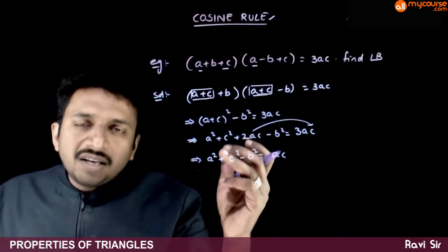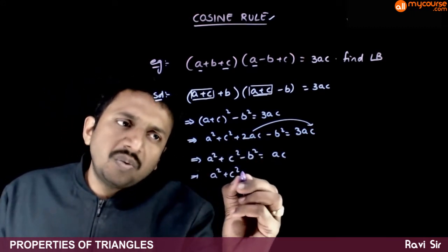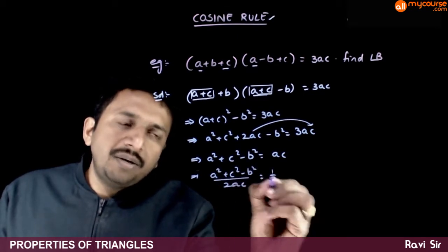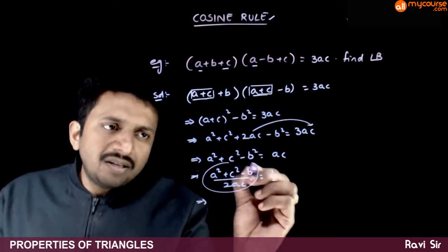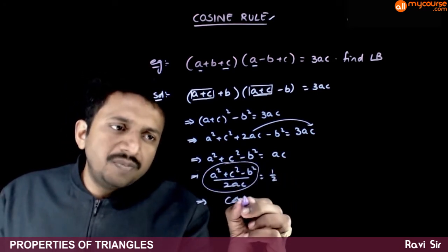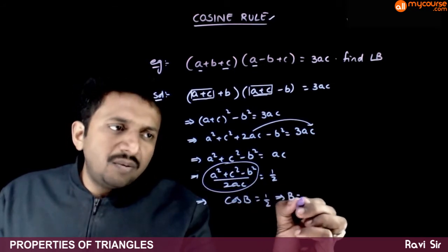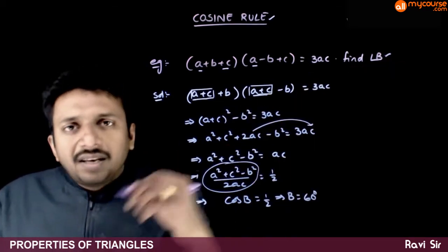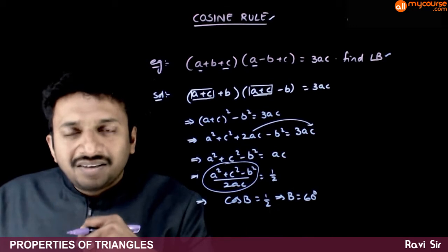If you divide both sides by 2ac, (a square plus c square minus b square) by 2ac is equal to 1 by 2. This is nothing but the formula for cos B, so cos B is equal to 1 by 2. This implies B is equal to 60 degrees. So the angle B by cosine rule can be found out as 60 degrees.